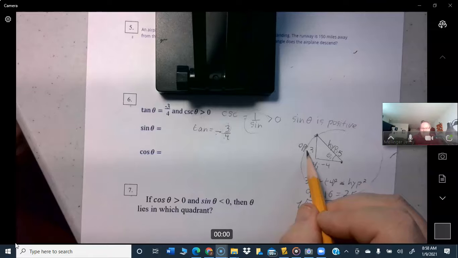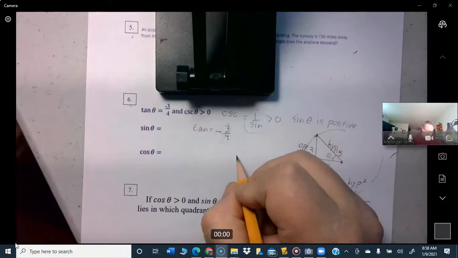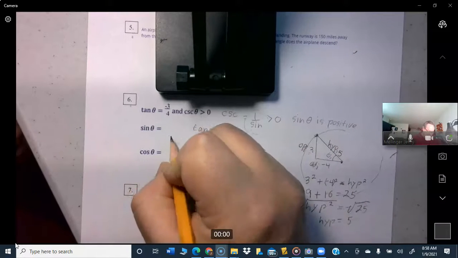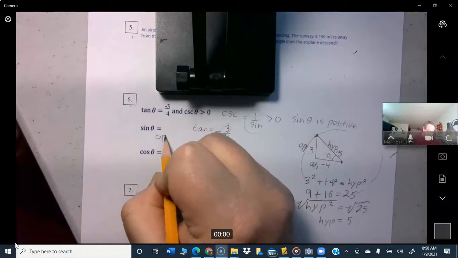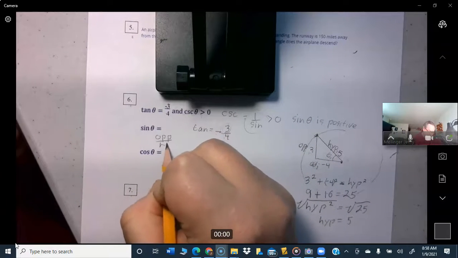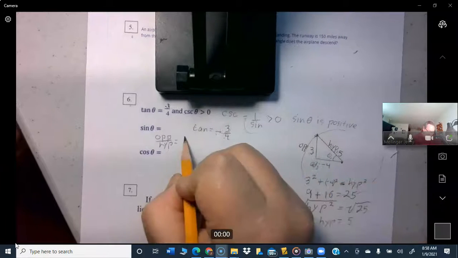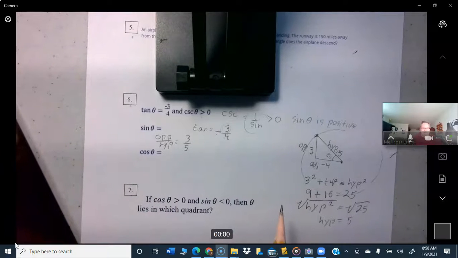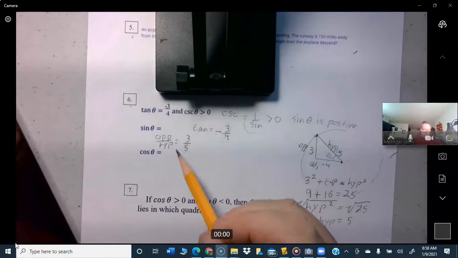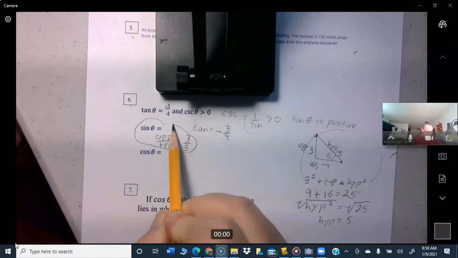So the sine is the opposite over the hypotenuse. So sine is, I'll write it down here, opposite over hypotenuse, which equals, in this case, 3 over 5. And that's all you have to do. That's the answer. You don't have to compute 3 divided by 5 on your calculator. So this is the answer for sine.